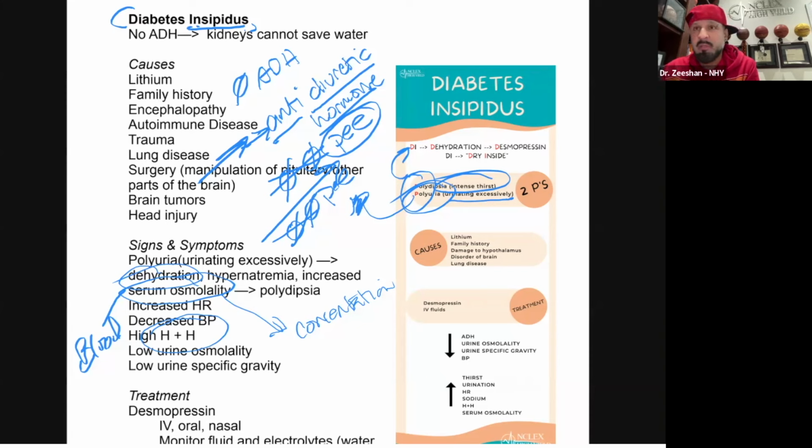But ultimately, give them what they don't have. It's a concept that I say throughout medicine. Give them what they don't have. In this situation, they don't have ADH. So what do we give them? Give them ADH. And ADH is going to be desmopressin.